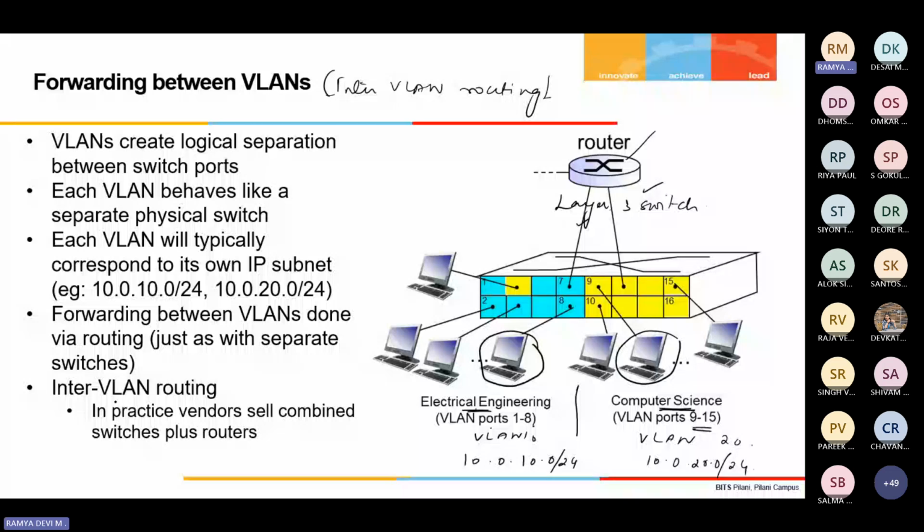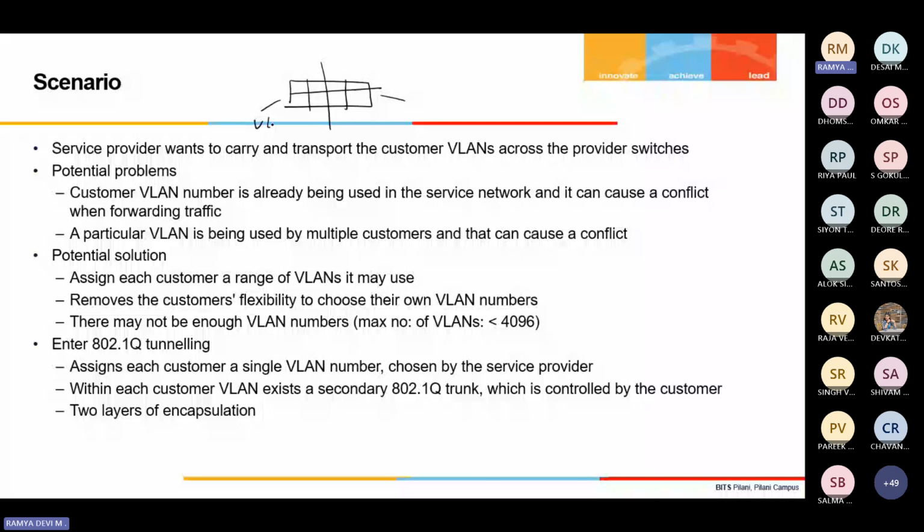Now we'll see one scenario. A single switch here is divided into two VLANs, right? So in the previous example itself, the single switch is divided between two VLANs, that is VLAN 10 and VLAN 20. These are connected to systems in VLAN 10 and these are connected to systems in VLAN 20.